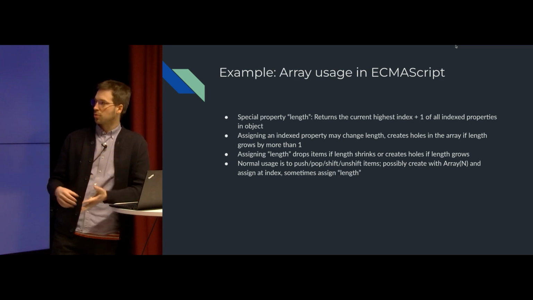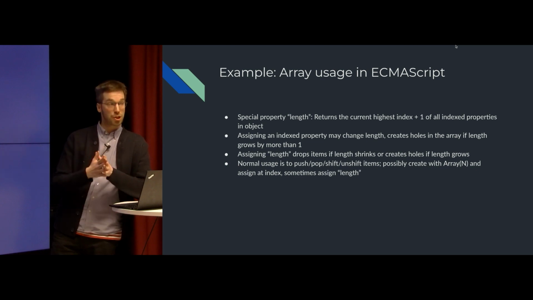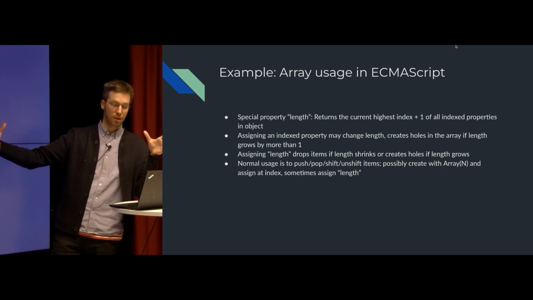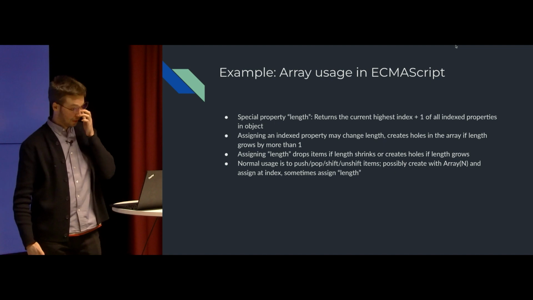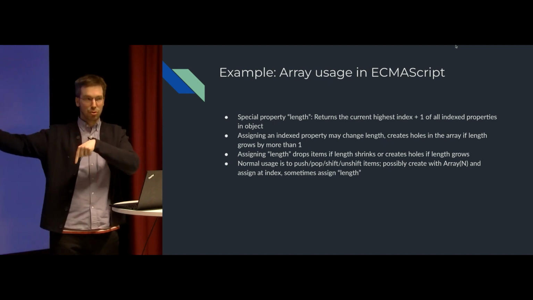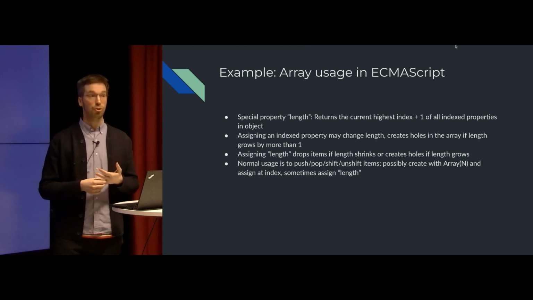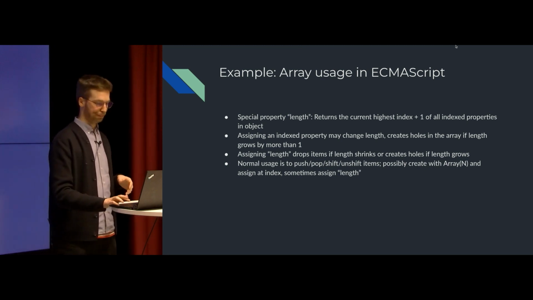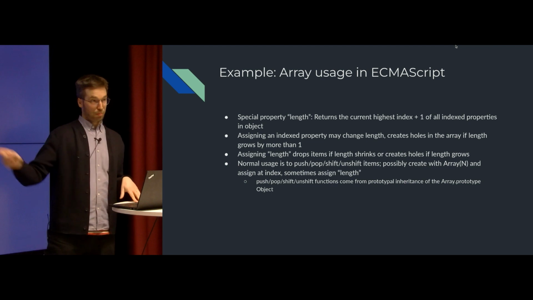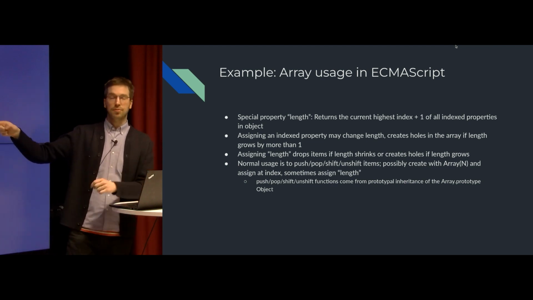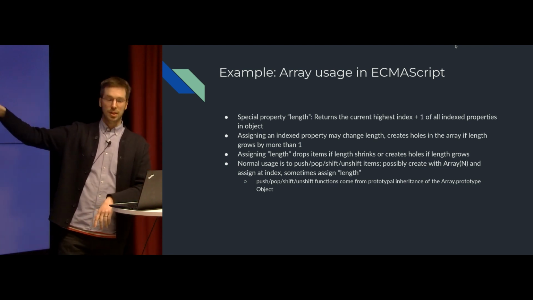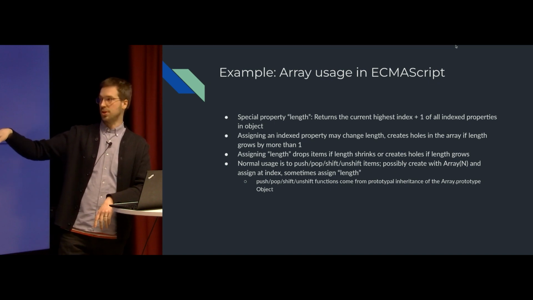You can also sometimes create arrays with some static value, in which case it has a bunch of holes in it at that static length. And then you assign at those indexes. Sometimes you might assign length to, for instance, empty out an array. The push, pop, unshift, shift functions come from the prototypal inheritance.